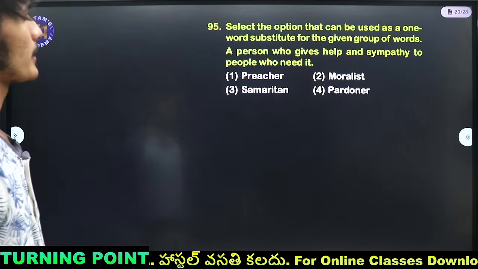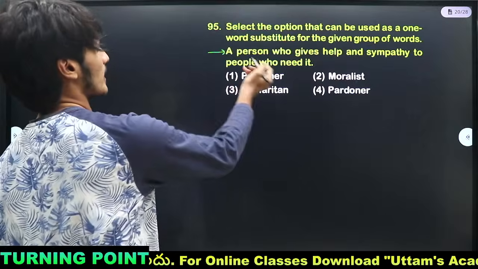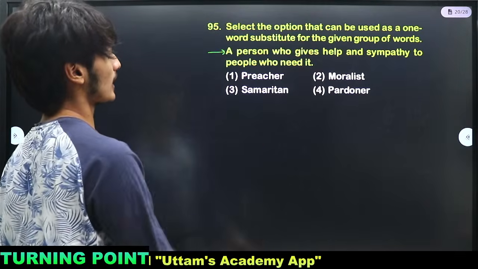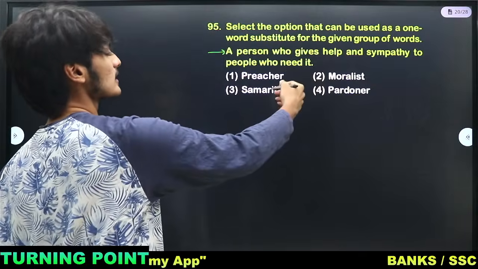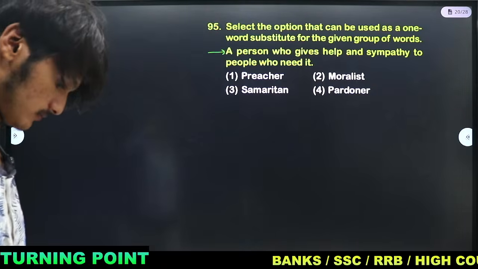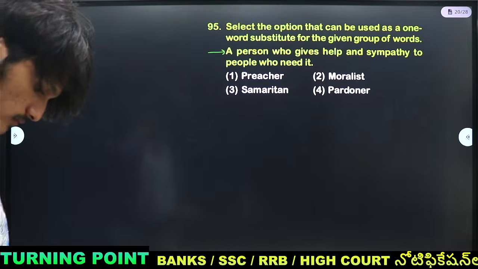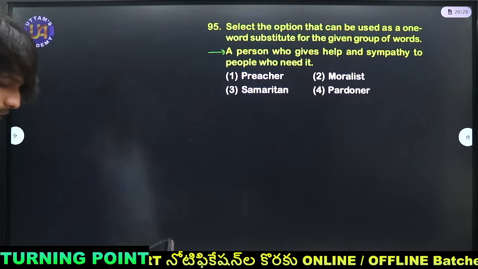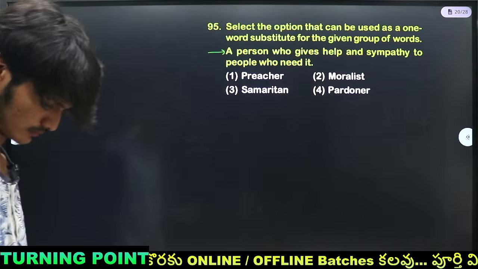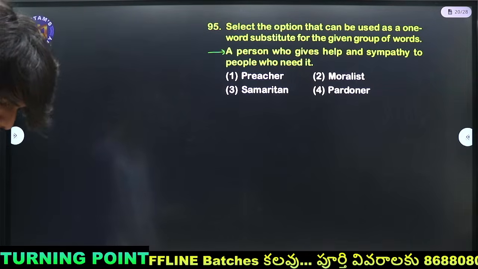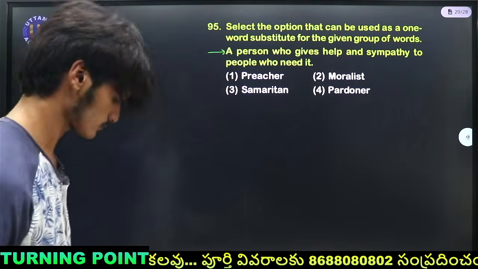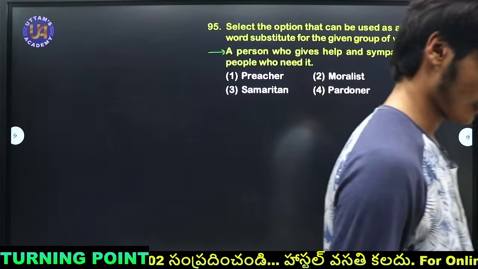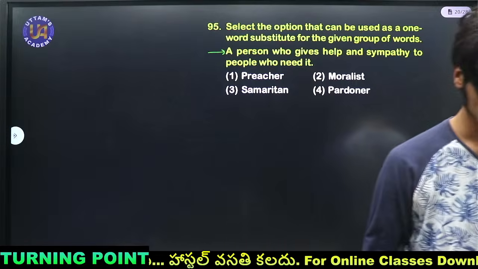Select the option that can be used as a one-word substitution. A person who gives help and sympathy to people who need it is called: preacher, moralist, Samaritan, pardoner. Narendra says Samaritan, Anudipti says Samaritan. Rest of the students must also respond.